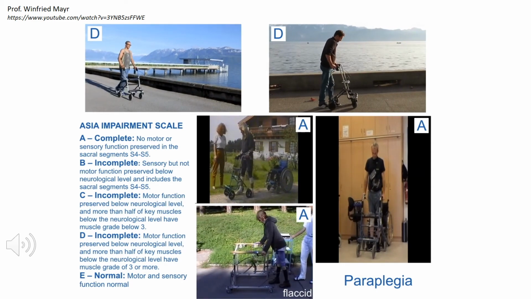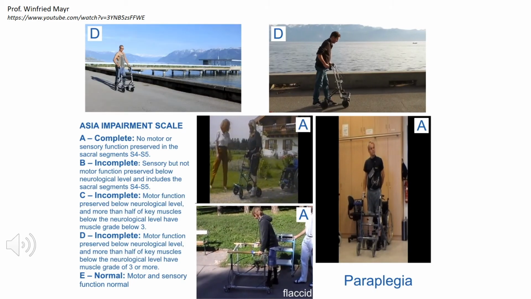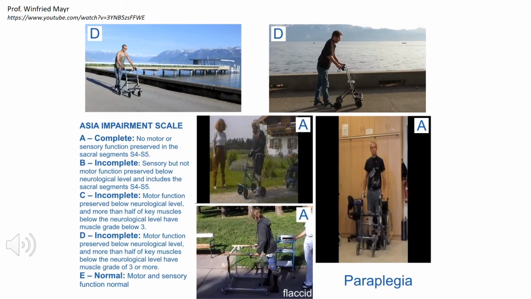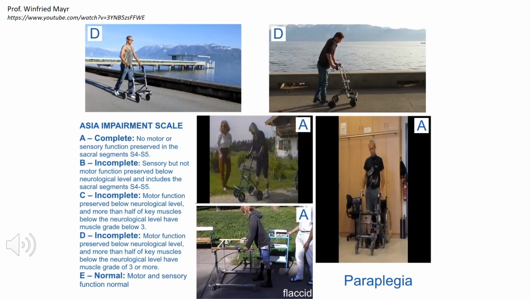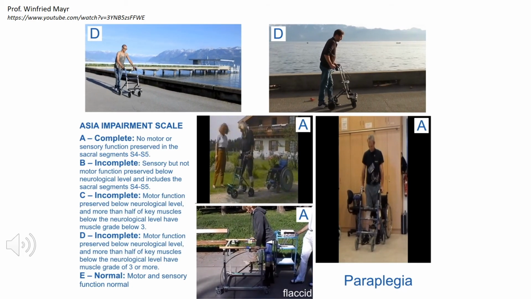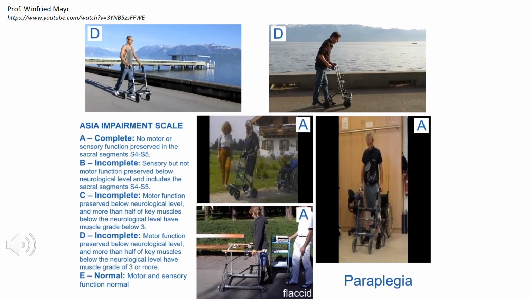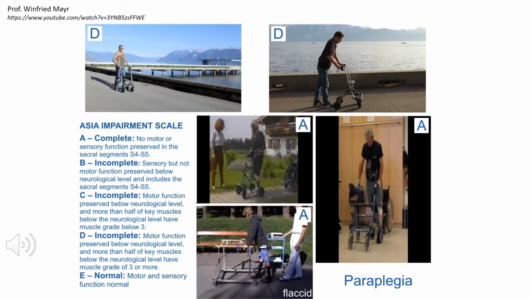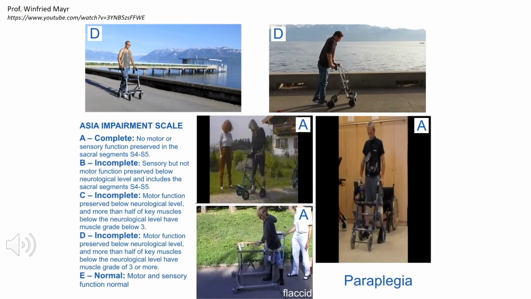I'm sure you are all aware with the classification of the ASIA scale, so I don't need to repeat this. But we have in the lower three cases ASIA A candidates, complete sensory and motor lesion. In the upper scale we have ASIA D, which is incomplete. In the lower scale we have surface electrodes involved.